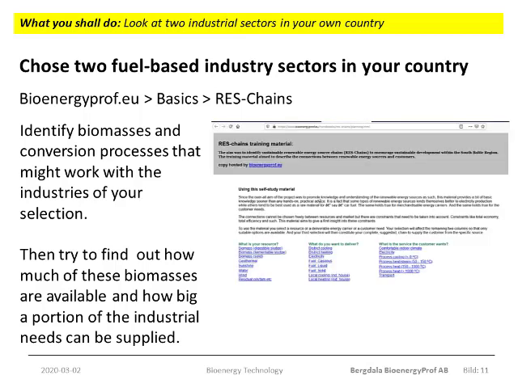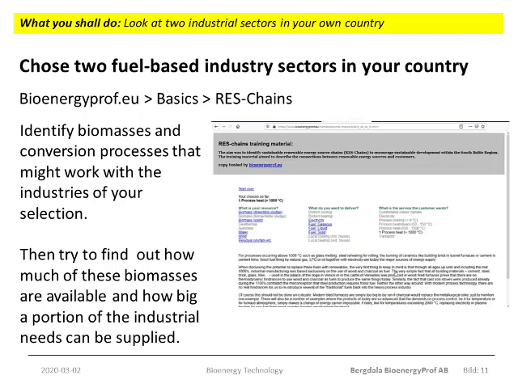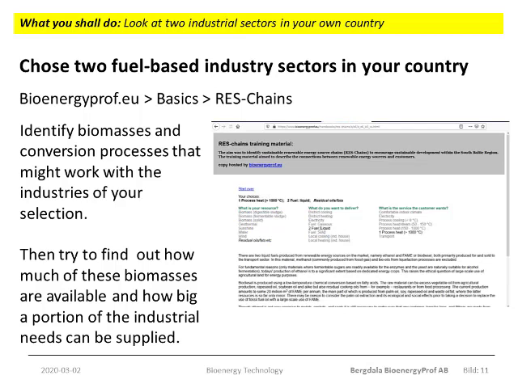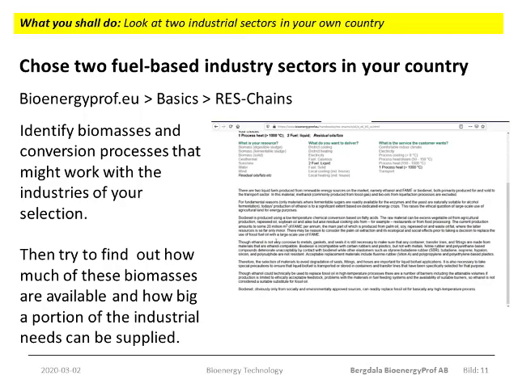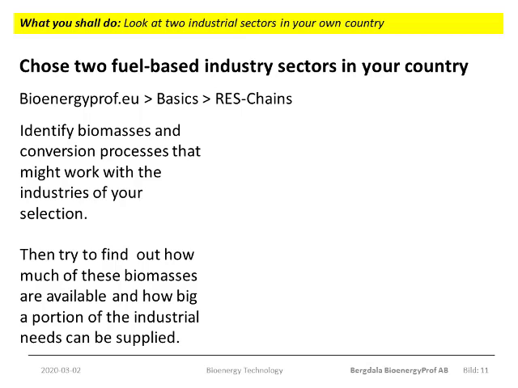that you have selected. Once you have identified biomass qualities that may be used, then try to find out how much of these biomasses are available in your own region or country. The limitations to which fuels and conversions may fit which processes are to a great extent set by the heating value and the attainable combustion temperature.